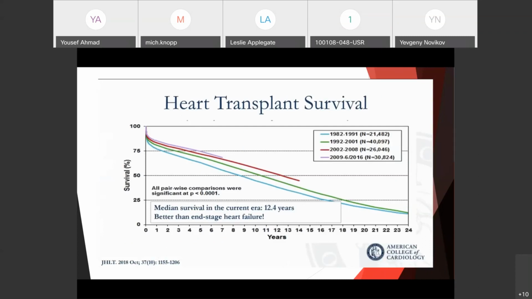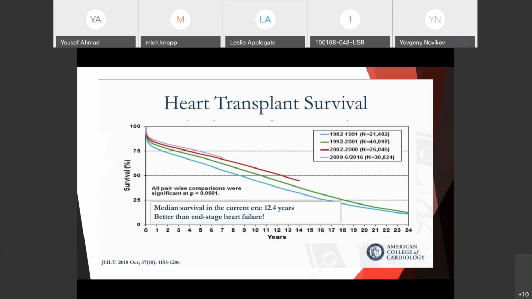If you look at the purple graph, that's since 2009 and after. These patients have around 60-75% survival even after 5 years. In general, we say there's greater than 50% survival post-transplant within 5 years. So there are good numbers. As you can see, median survival in the current era is 12.4 years.